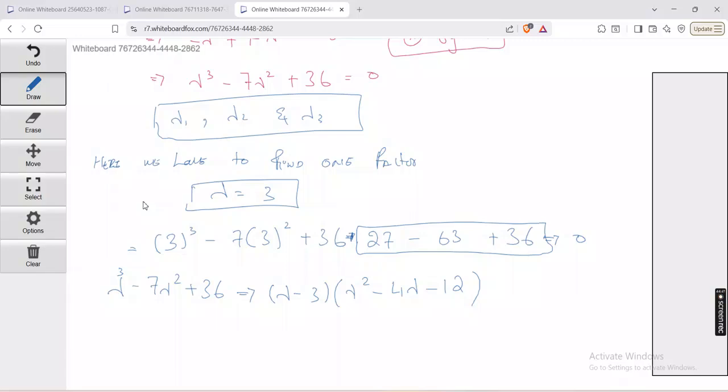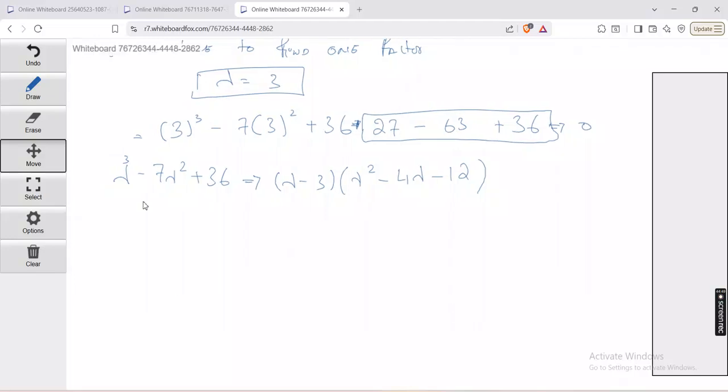Four minus 3, 7. 12 into 3, 36. Did you get my point? So just simplify it a little more, so this is our final equation now, lambda square minus 4 lambda minus 12.